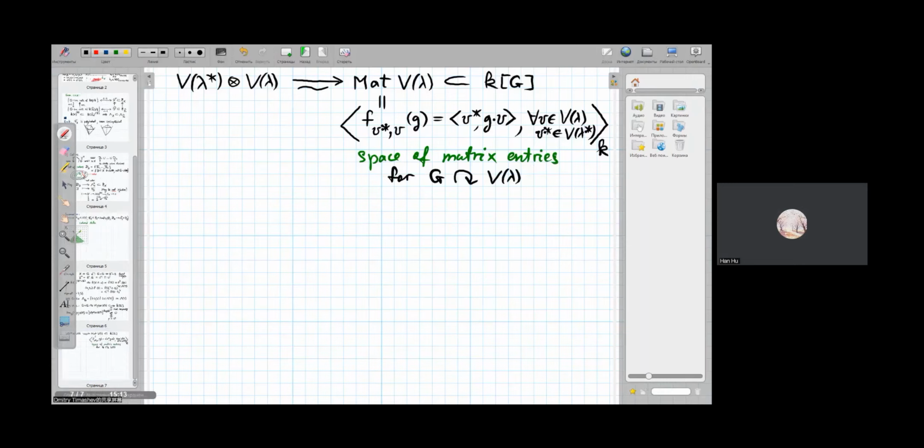Just because if you take for V and V star the elements in the bases of V of lambda and V of lambda star which are dual to each other, then this function F sub V star V of G is just a matrix entry of the representation operator corresponding to the element G, the matrix entry of this linear operator corresponding to the chosen pair of basis vectors in V and V star. This explains the name space of matrix entries.